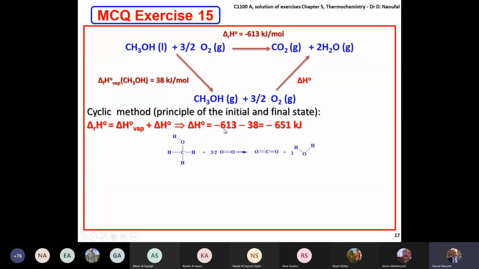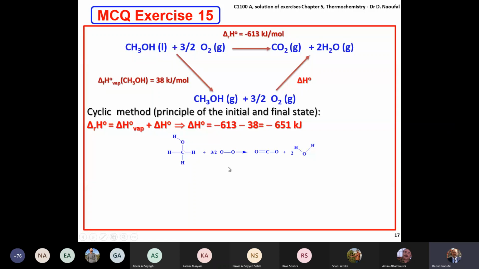So now we have to draw Lewis structures in order to know the types of bonds in this reaction: CH3OH, O2, O double bond O, CO2 and H2O. And pay attention, we have 2 H2O and 3/2 O2.